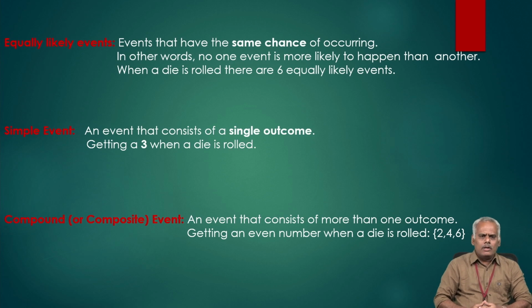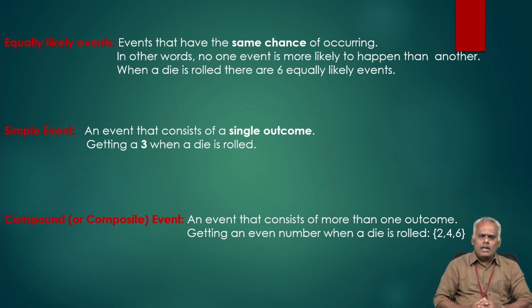Equally likely events. So what is equally likely events? All outcomes should have the same chance of occurrence. Events that have the same chance of occurring, in other words, no one event is more likely to happen than another. When a die is rolled, there are 6 equally likely events. Similarly, when you toss a coin, there are 2 equally likely events.